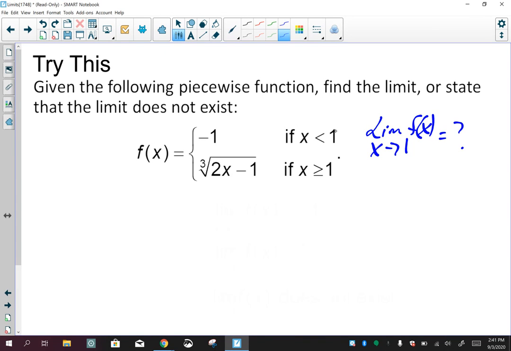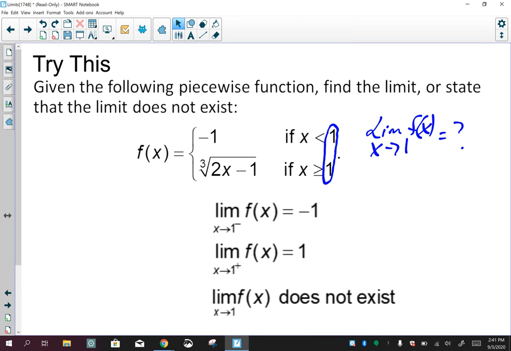How I got this is if you take a look at what you're focusing on, notice the ones there, that's the value that I'm going to focus on. So I'm going to look at it from the left-hand side and from the right-hand side. Notice that my two answers are different, so therefore my limit does not exist.